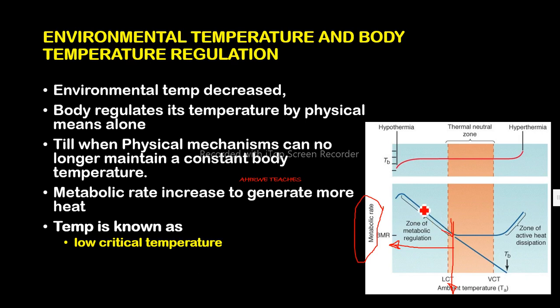Why is it increasing? It's the other first graph that we saw. It should increase in order to generate more heat to replace the heat that is probably lost to the surrounding, in order to maintain the core body temperature constant.